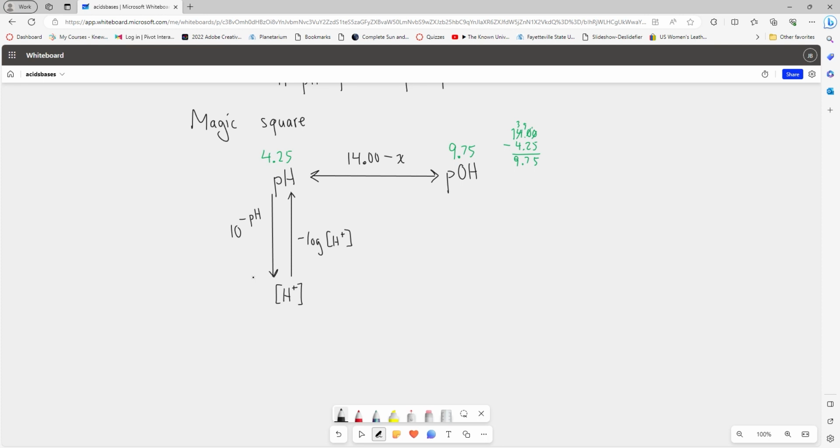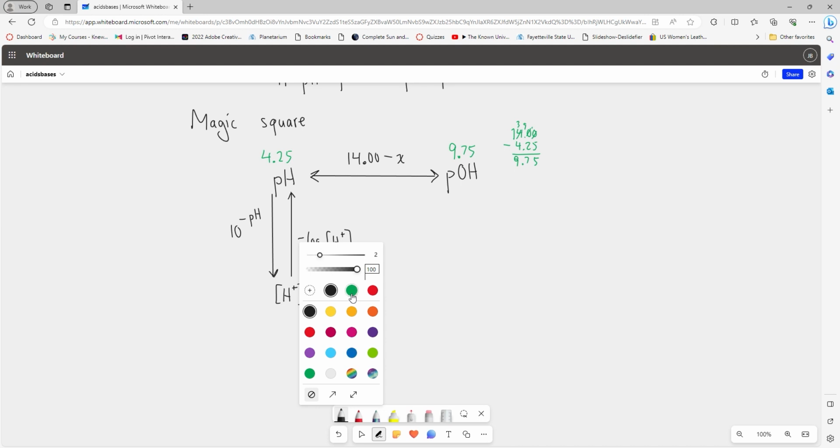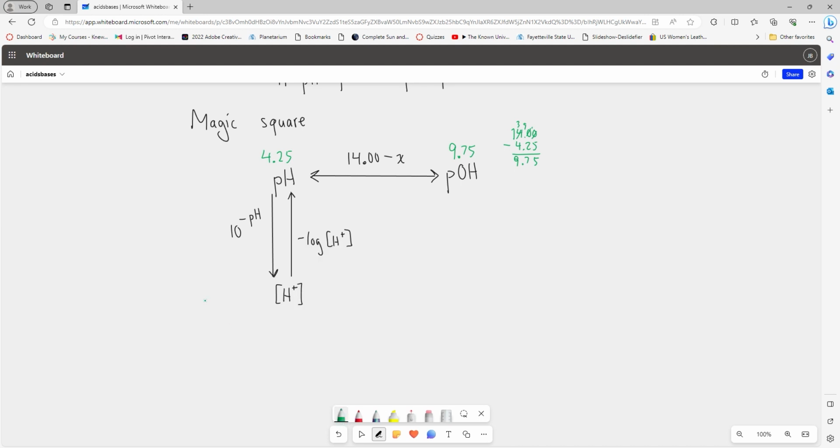By the way, the 4.25 has 2 decimal places, so the number itself is going to have 2 significant figures. So it's 5.6 times 10 to the negative fifth. And that'll be the concentration of the H+. You can do similarly for the pOH.